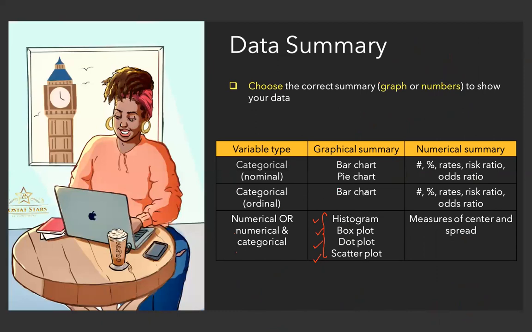So for example, a histogram looks like this. Here on the x-axis, we actually have different classes, right? And then on the y-axis over here, we have some sort of category. So a histogram is basically going to show you what are the different classes that you have.